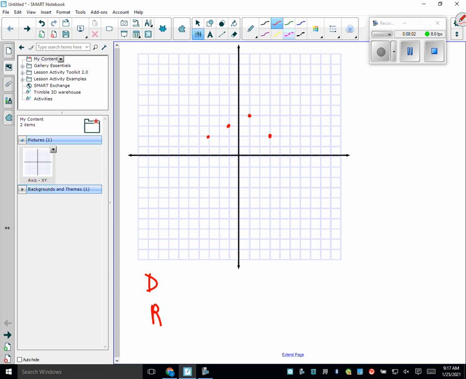What is the domain? This is the function, so for the domain I just list all the x's: -3, -1, 1, and 3.